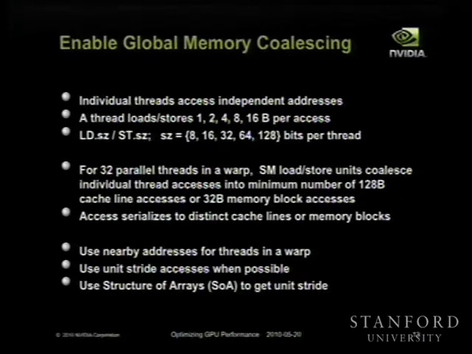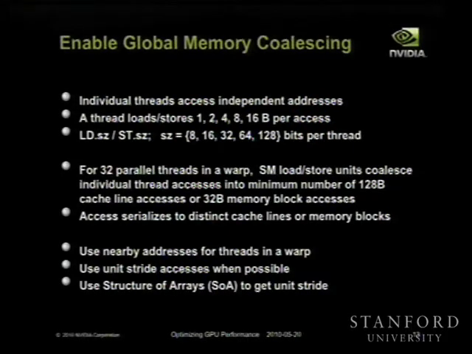If you write your program in such a way that the addresses used by the threads in a warp are all pointing to a small region of memory, then you'll get good memory coalescing in the hardware, and you'll get fast performance.